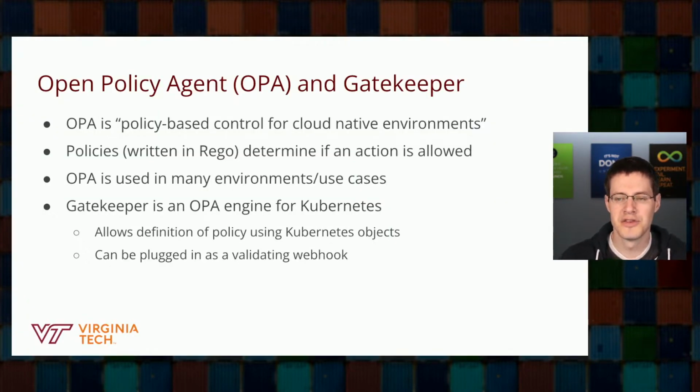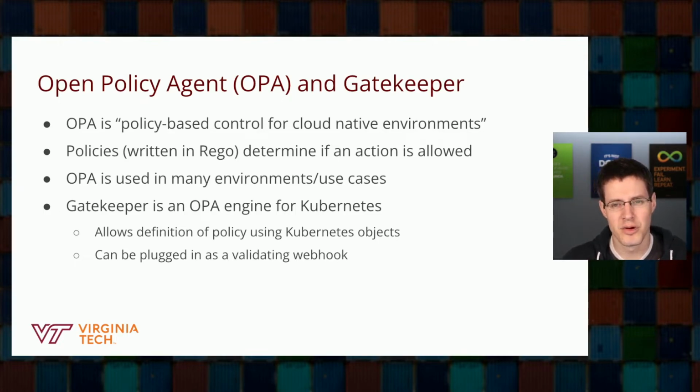Okay, so OPA is a policy-based control for cloud native environments, and OPA is again a policy engine that's used in a lot of different environments, not just in Kubernetes. And what it's used for a lot of times is access requirements, like can you access this API endpoint or lots of other stuff.